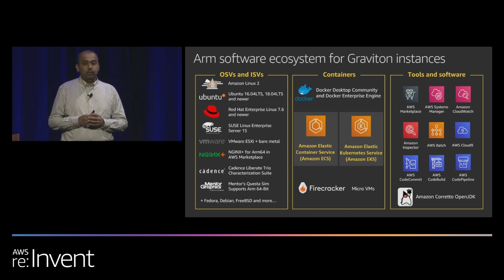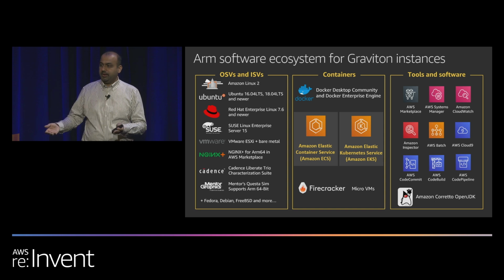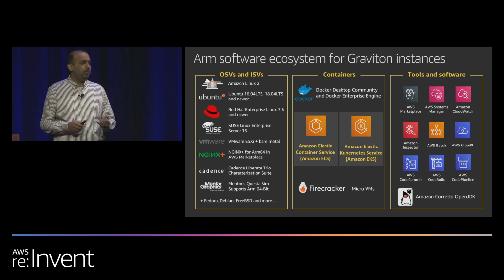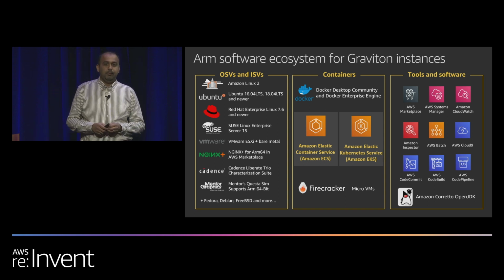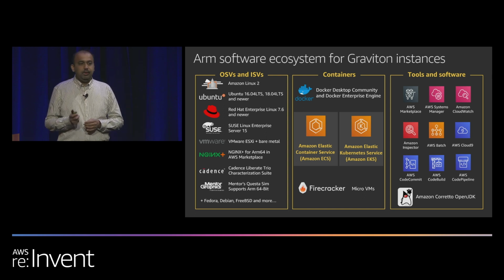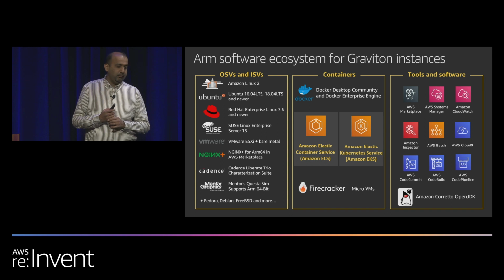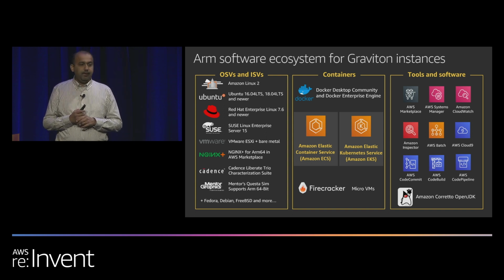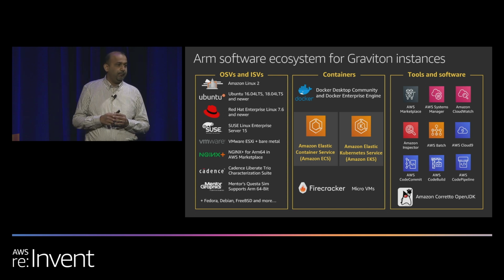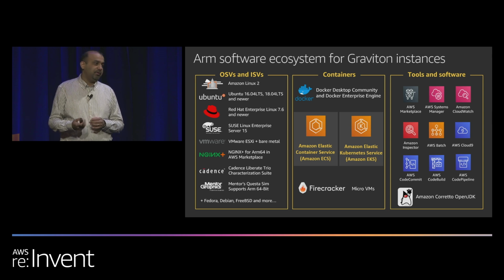We also support the entire AWS code suite, including CodeBuild, CodePipeline, CodeDeploy, CodeCommit, as well as Cloud9. And most recently, we also announced support for Amazon Corretto, which is a no-cost distribution of OpenJDK that provides an additional Java runtime option for customers to deploy Java applications.